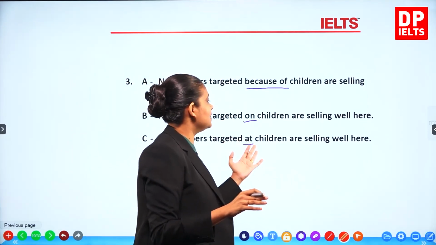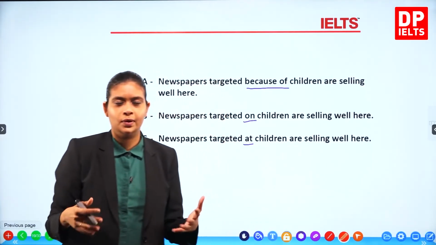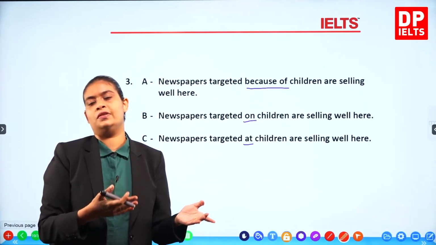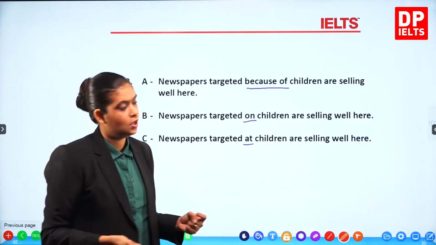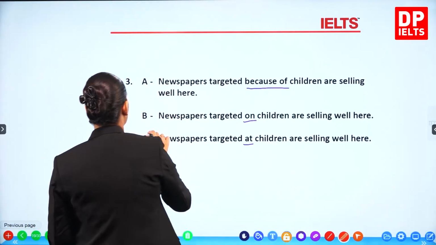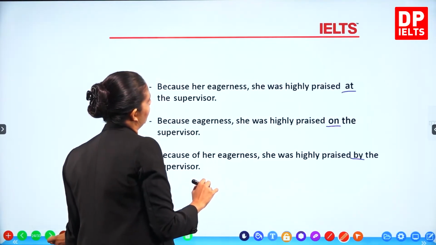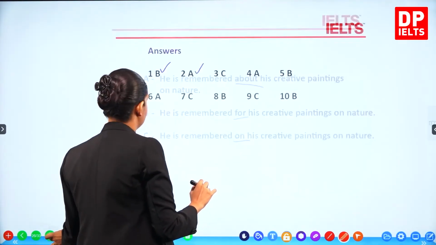Newspapers targeted at children are selling well here. So the newspapers are targeted at who? The children, and because of that it's selling well. So it is our goal, and C is the correct answer. So you can check and see if C is the answer.